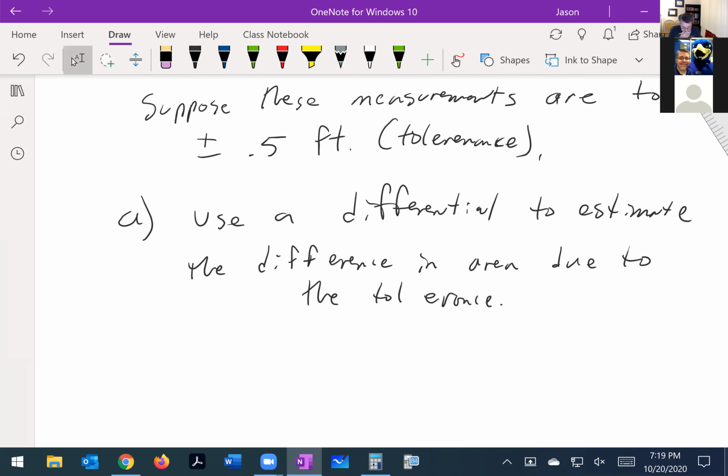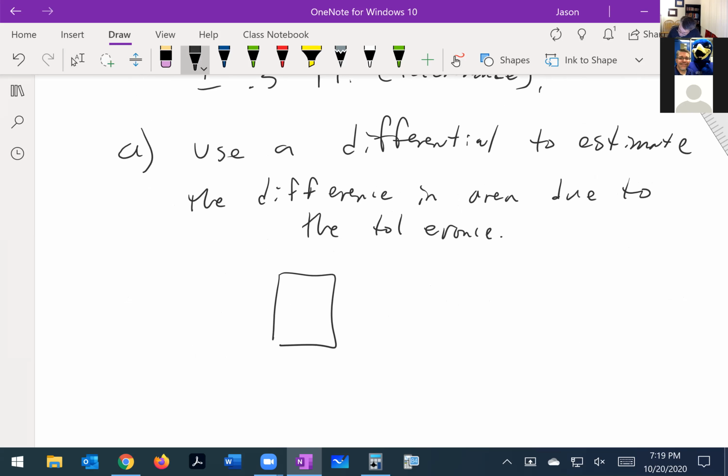So, what's the area going to be? Well, if it's a square, it's going to be x by x. So the area in terms of x is x squared. Now I'm going to take the derivative of this. dA/dx is equal to 2x. That's the derivative.